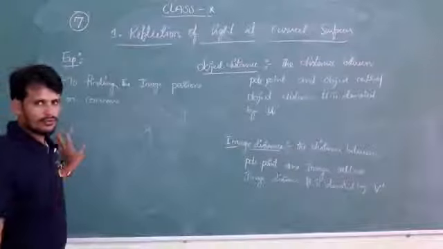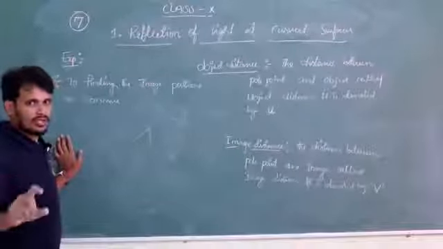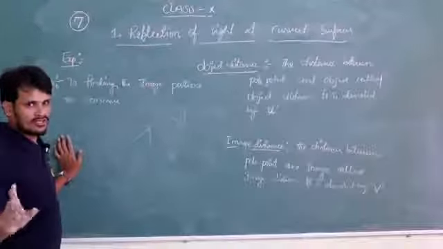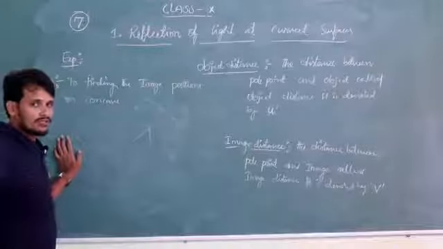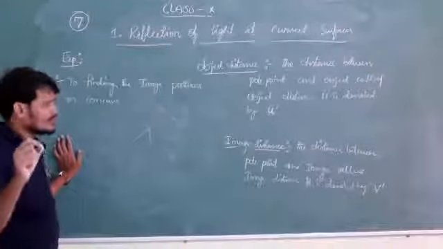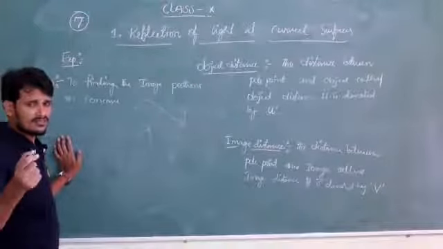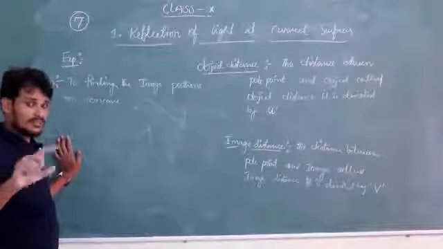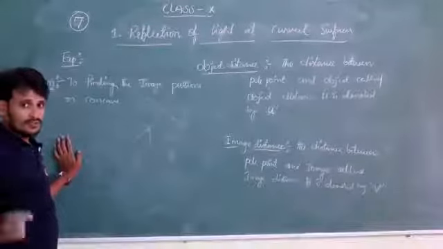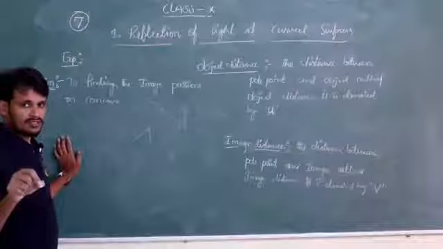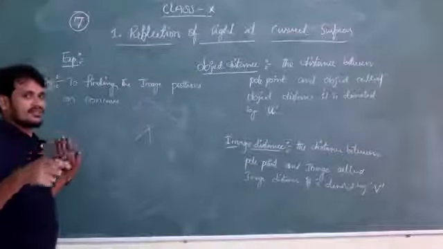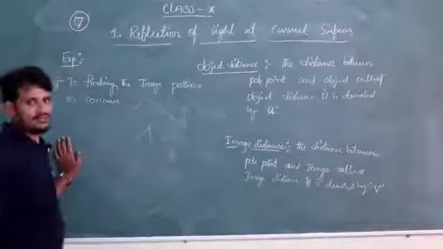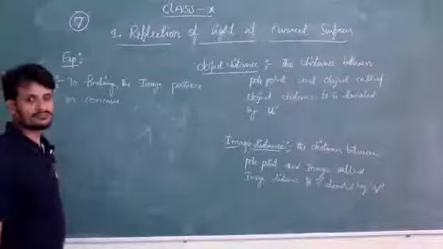So one mirror is given to you, that is a concave mirror but with unknown distances, we don't know any distance. Now the question is, by using that concave mirror, find the image distance, object distance, find the image position, object position, and by using those measurements like image distance and object distance, find focal length.